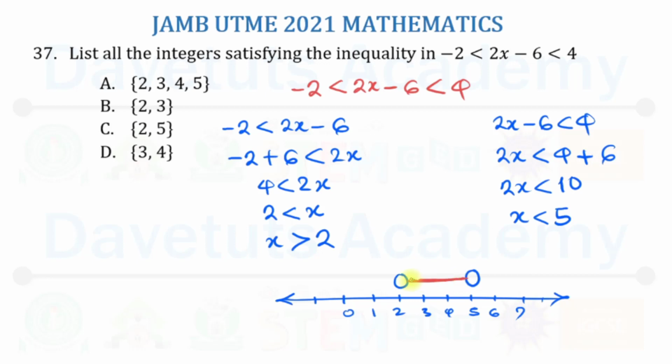Within this range, since it's not greater than or equal to, or less than or equal to, we'll shade with solid circles. So what we need is the set of integers here, and we can see that it is only 3, 4. Looking at the options, option D happens to be the correct answer. Okay, so that is the solution to this inequality.